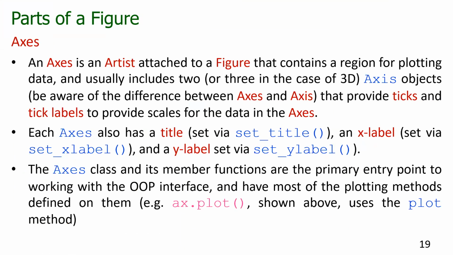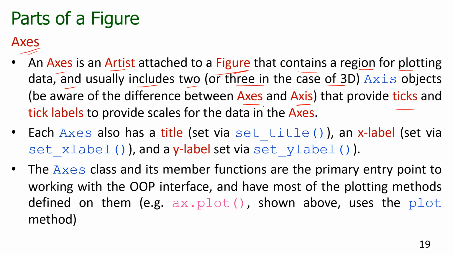Then here we use another important component, axes. So what is axes? An axes is an artist attached to a figure. It contains a region for plotting data and usually includes two axis objects, in case of 3D, three. Here you can observe the difference between axes and axis. Both are different.